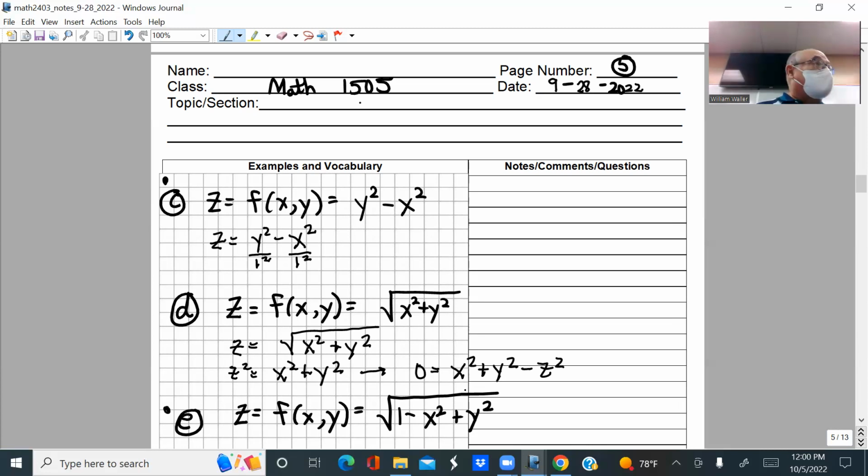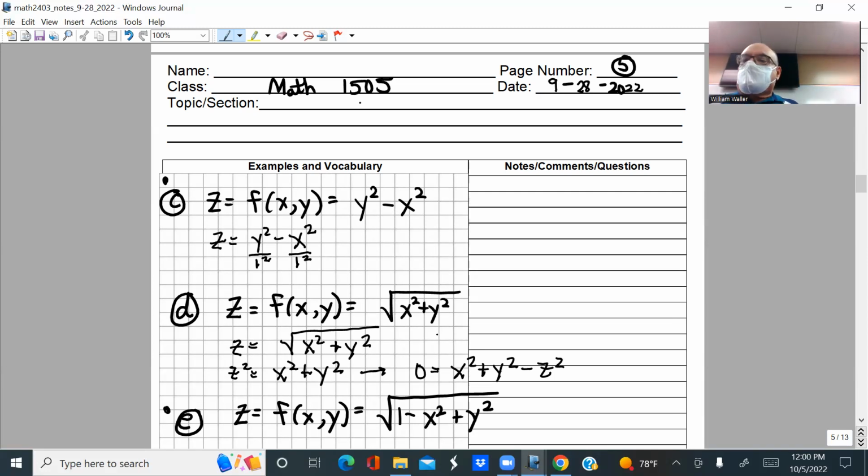But that is a quadratic equation. What kind is that? An elliptic cone. Exactly. Again, the a, b, and c squared are all one. So we're going to get a cone.